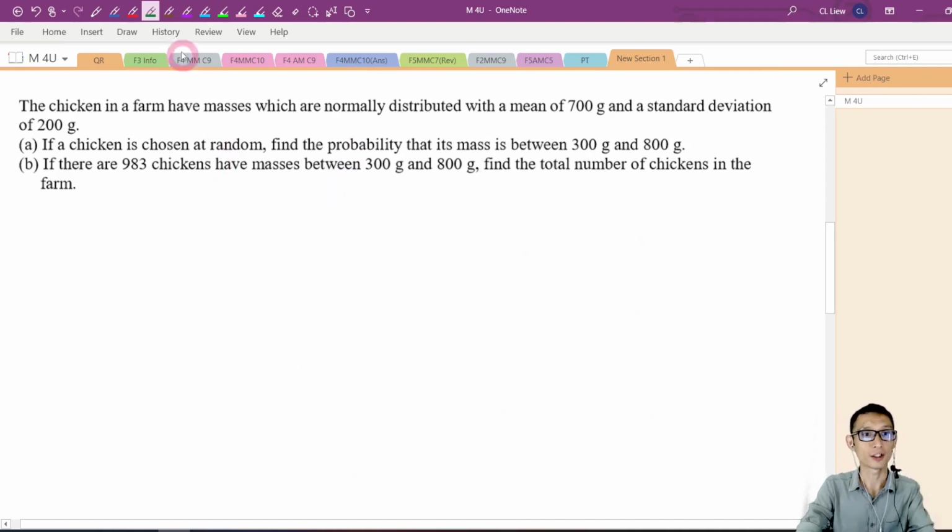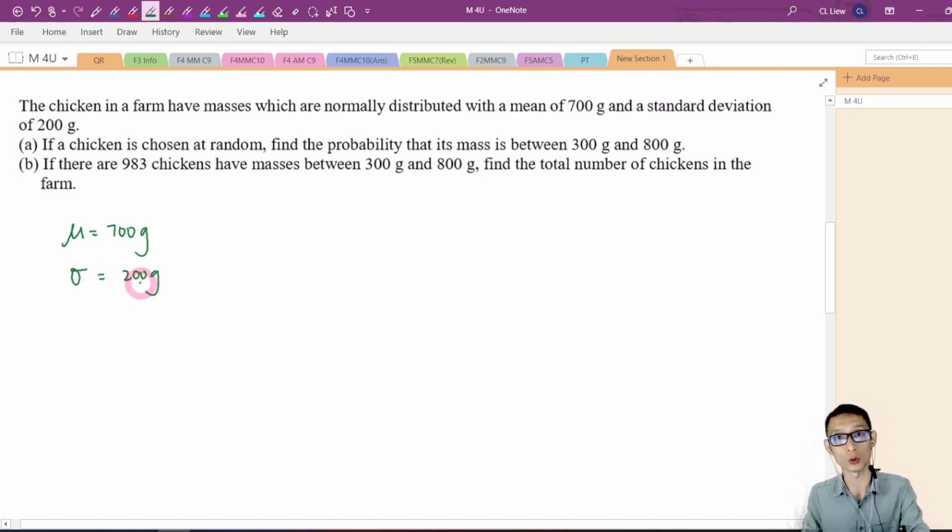Now, let's look at question number 2. The chickens in a farm have masses which are normally distributed, but this is not a standard normal distribution because the mean is equal to 700 grams, which is not equal to 0, and the standard deviation is equal to 200 grams, which is not equal to 1. Okay, but no problem, we still can use the formula that we learned just now.